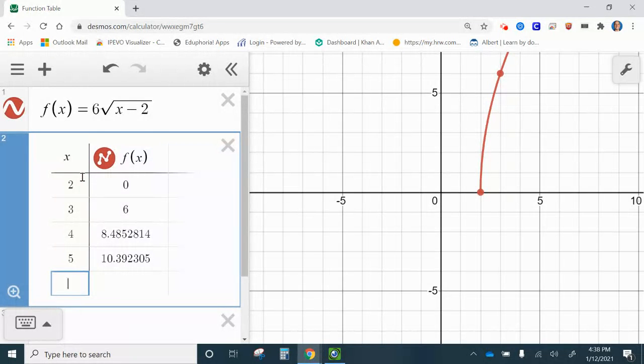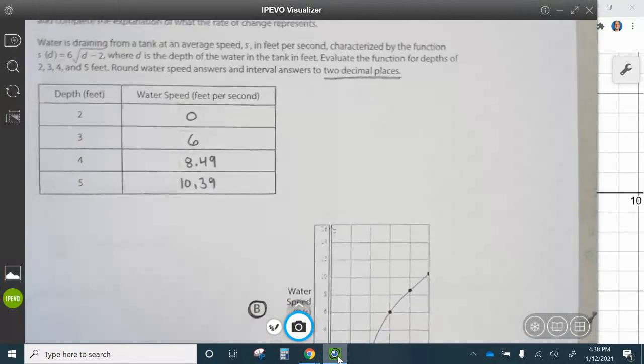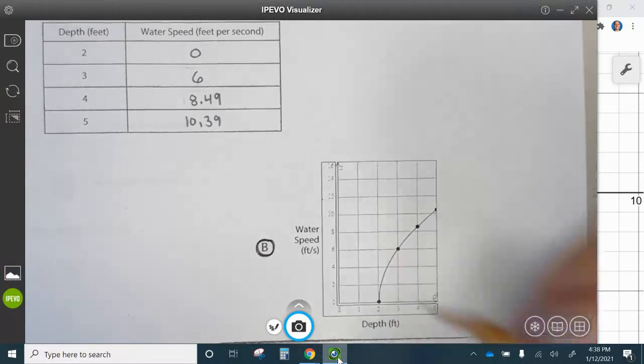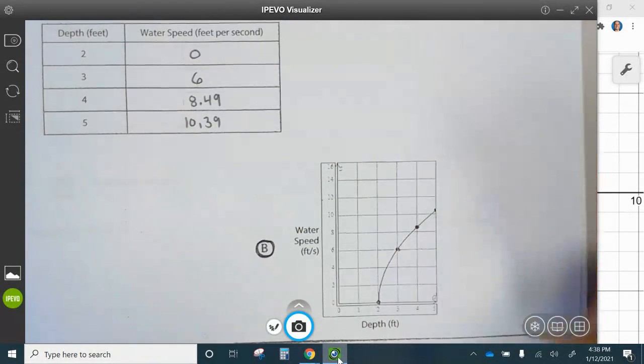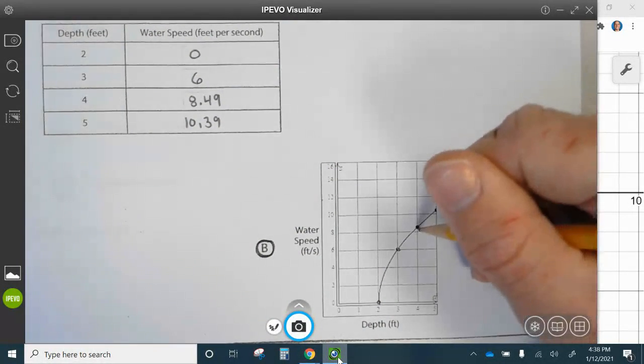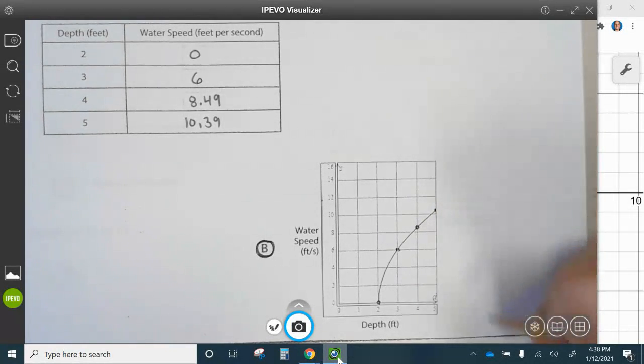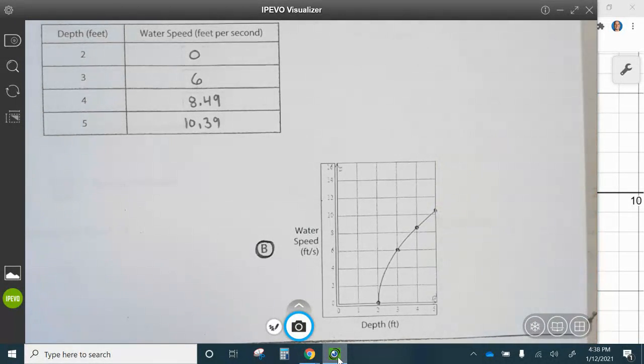They want 2 decimal places, so 8.49 and 10.39. So we have 2, 0, 3, 6, 4, 8.49, and 5, 10.39.